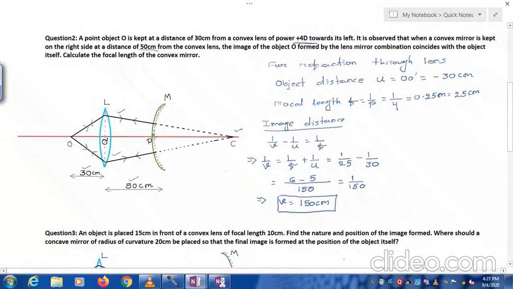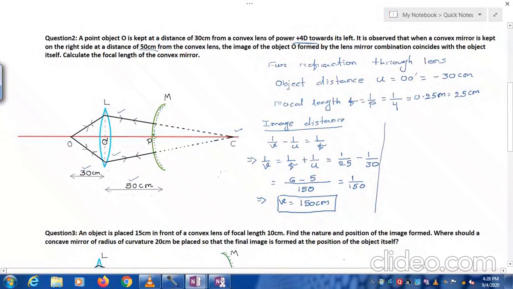The incident rays upon the mirror must be approaching towards the center of curvature of the mirror, but due to the reflection they go back over the same path and finally meet at the point O. So already it is given that O dash P is 50 centimeter, but we know that O dash C is equal to 150 centimeter.